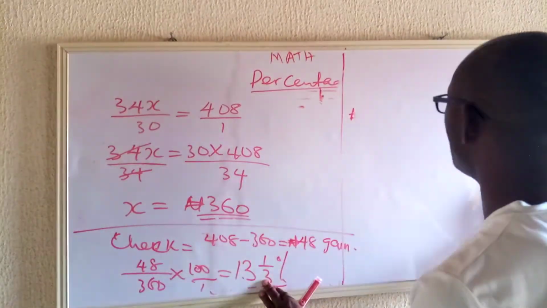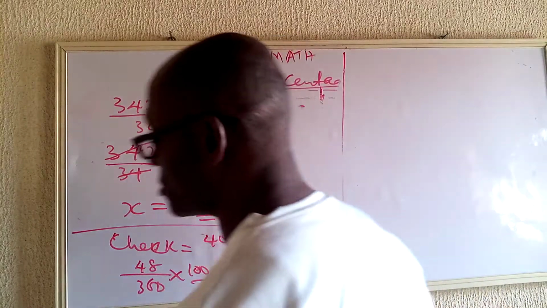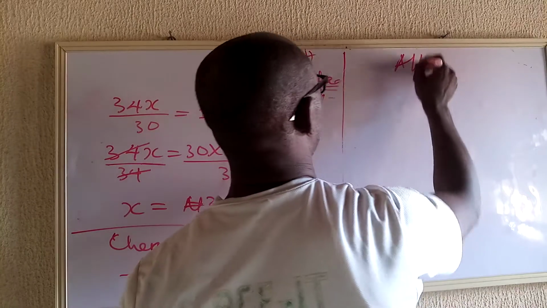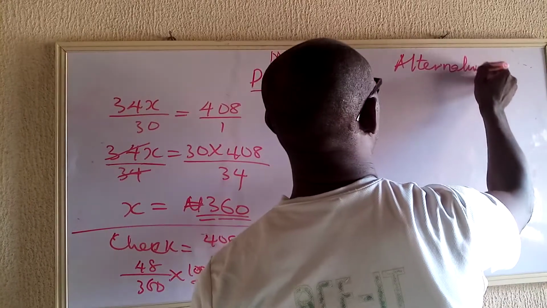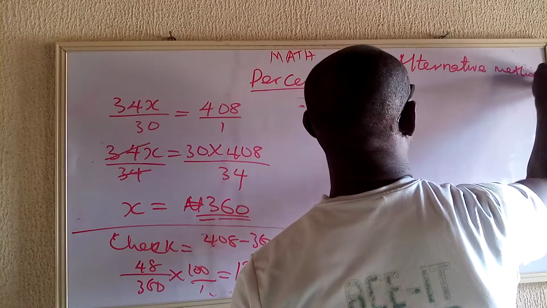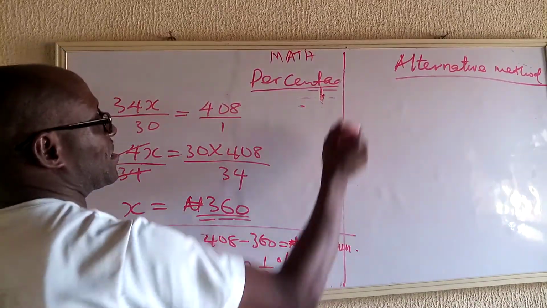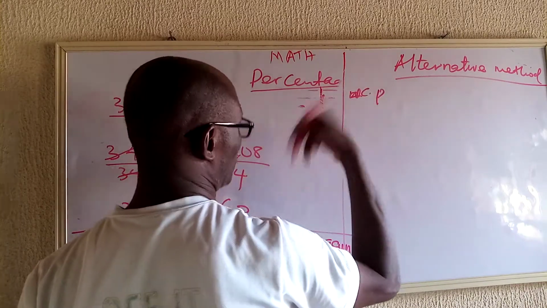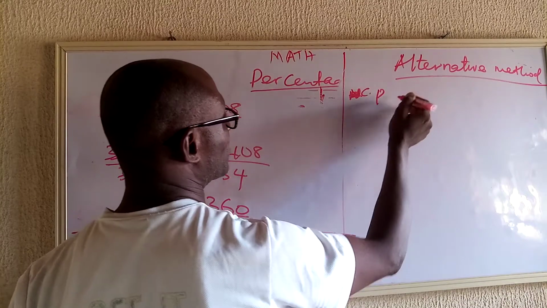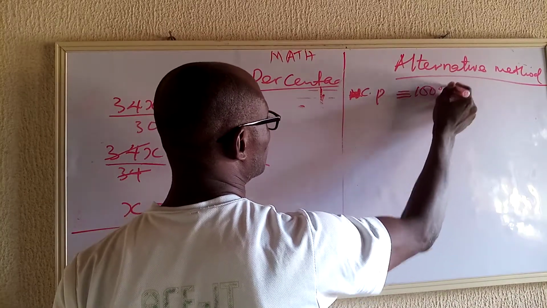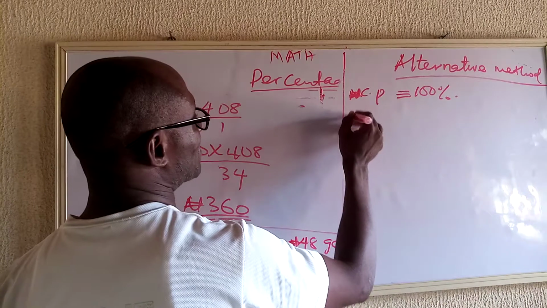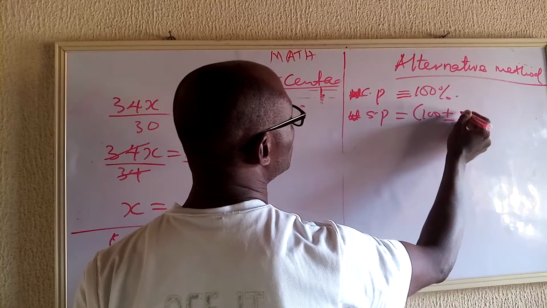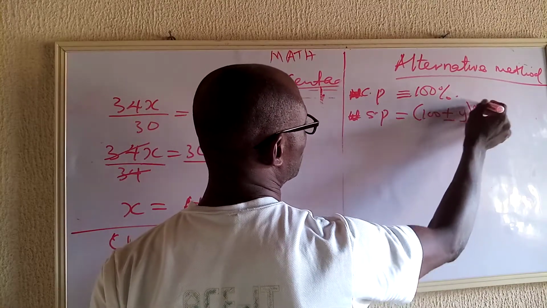Now, if I want to use the alternative method, which I used the last time. Don't forget that cost price, which is cost price in naira or in the currency you are dealing with, whichever one you are dealing with, is equivalent to 100%, while selling price in the currency is equivalent to 100 plus or minus, let me use y.